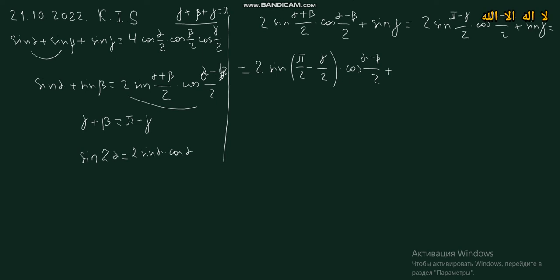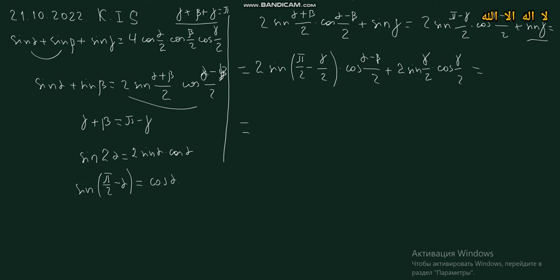So I may write, instead of sine of gamma, 2 sine of gamma over 2 times cosine of gamma over 2. And according to the reduction formula, sine of pi over 2 minus alpha is always equal to cosine of alpha.